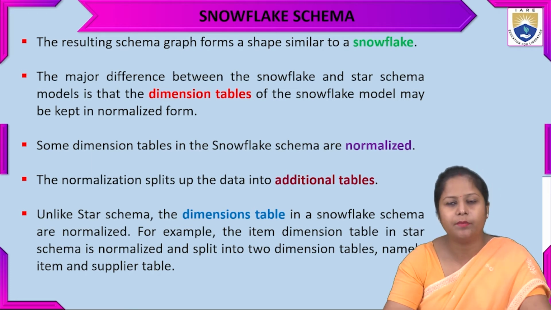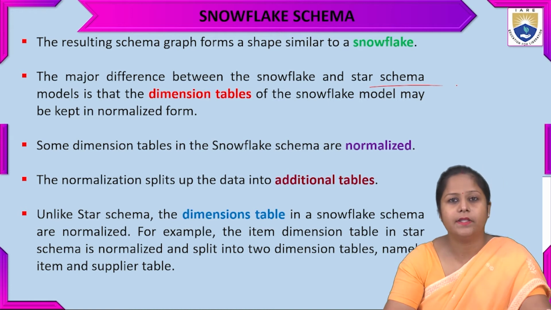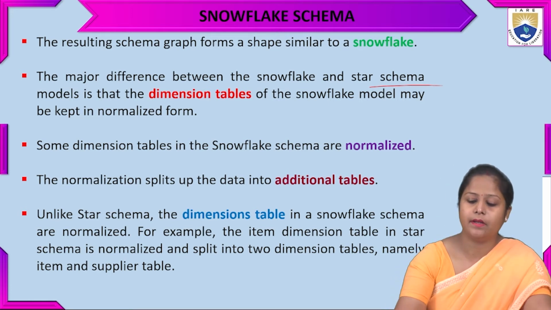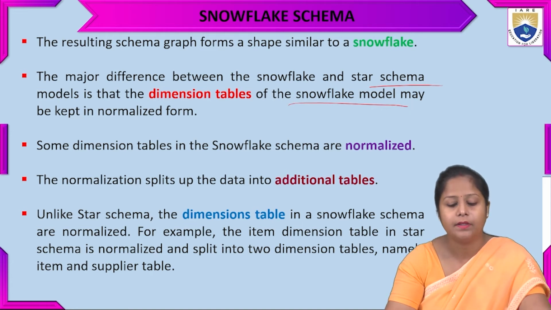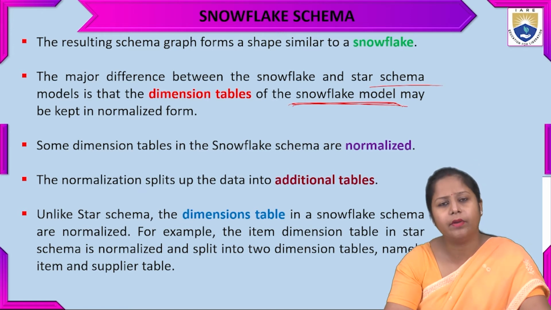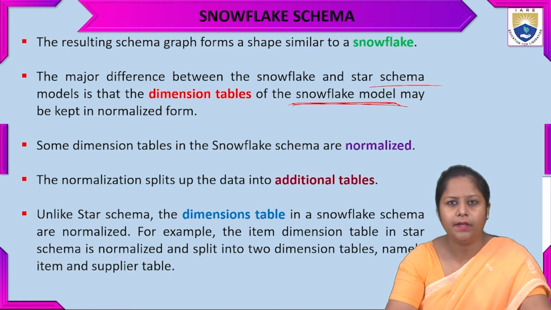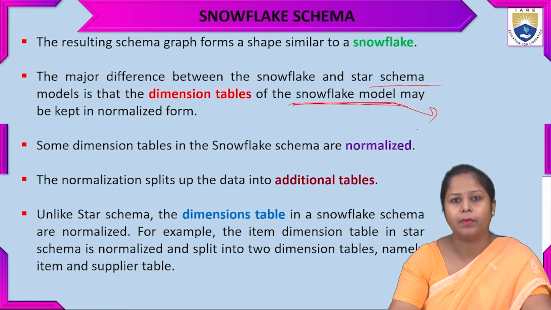The major difference between the snowflake and star schema models is that the dimension tables of the snowflake model may be kept in normalized form. In the star schema model, the data is not normalized, and in the snowflake schema, the data will be normalized.